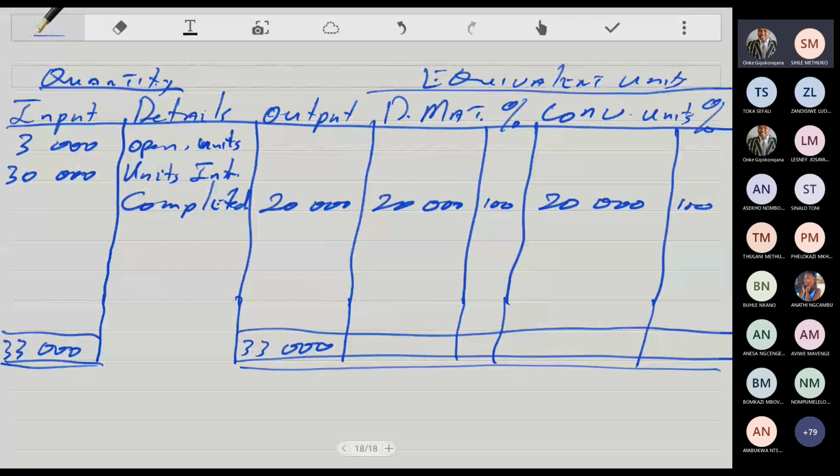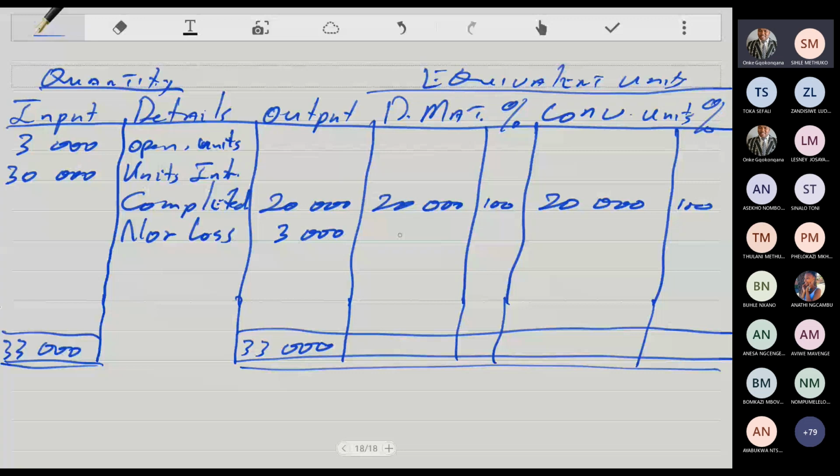So we put in the losses. We start with normal loss. So we've got a normal loss. We've calculated already 3,000 units. Then because the AC 101 said that we do not allocate any cost to normal loss, or the cost of normal loss is going to be absorbed by the good units. That's what they are saying. So at this stage the loss occurs at the beginning of our production process.